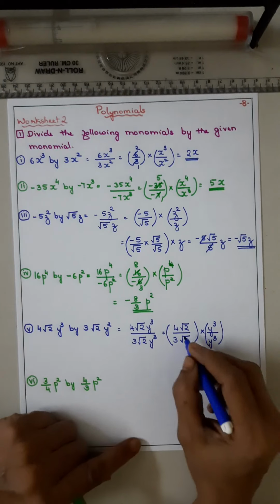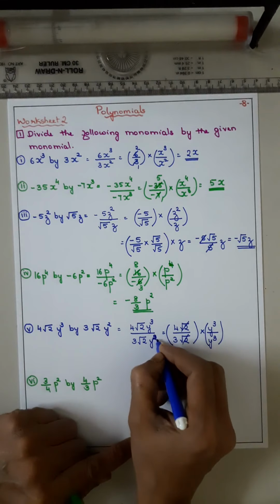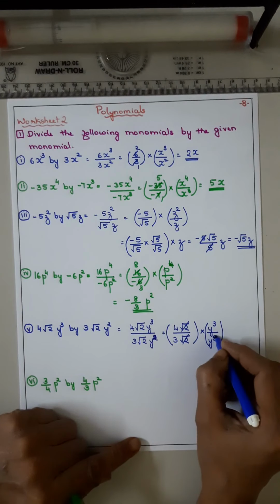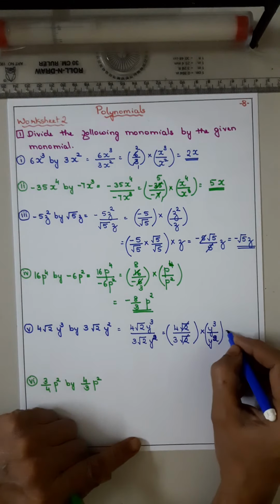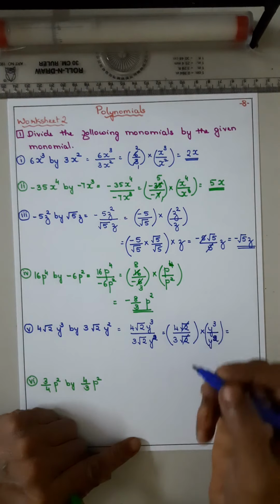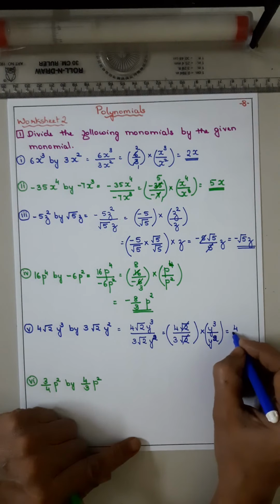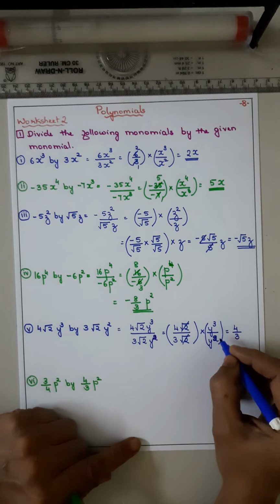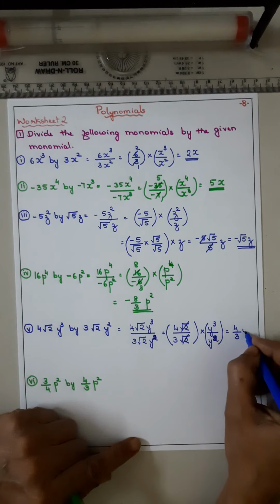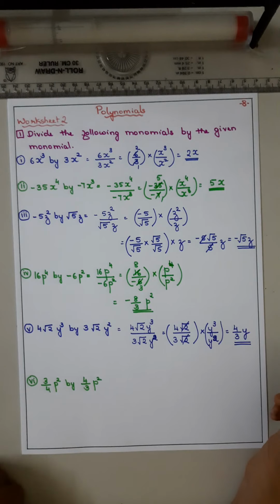Now in this, root 2 gets cancelled, because the numerator also has square root of 2. So here it will be 4 by 3. Now y cube upon y squared means y. So the answer is 4 by 3 y.